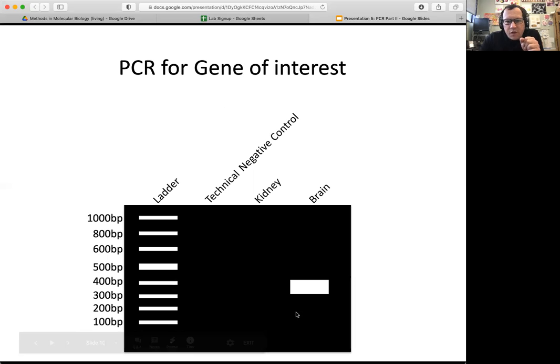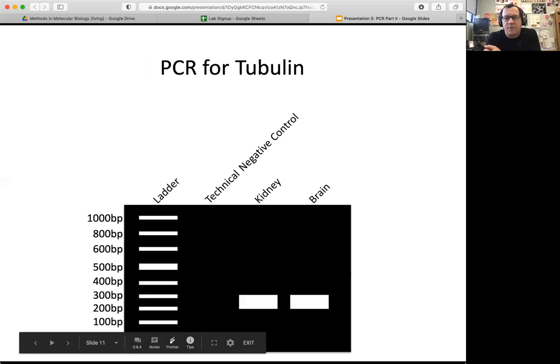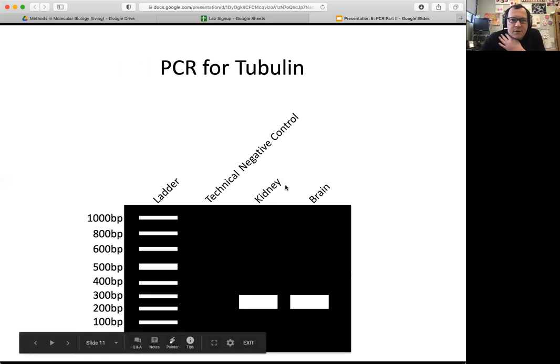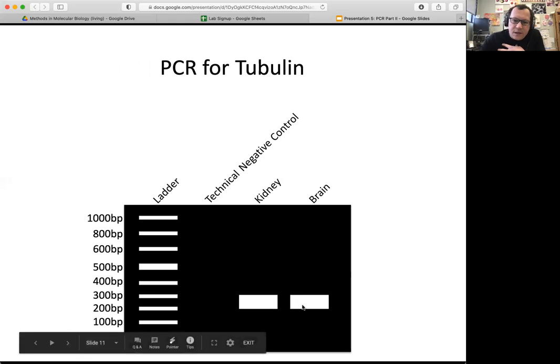But if we don't see something here, that could mean a few different things, right? It could mean we just didn't assemble our PCR reaction properly. It could mean that the cDNA is bad. And so what we have to do is what we call a loading control. We also have to PCR for what's called a normalizing gene or a housekeeping gene.